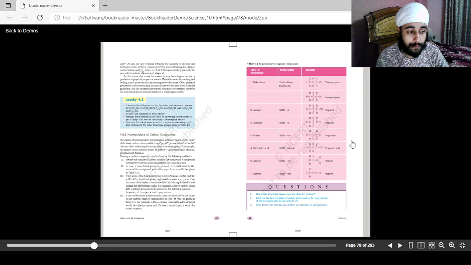Aldehyde, the suffix would be al. We have discussed the bond C double bond O with an H on a carbon, and it would be at either end of the carbon structure.